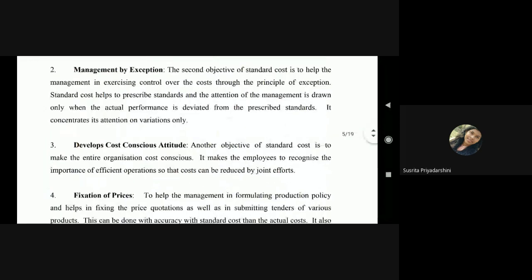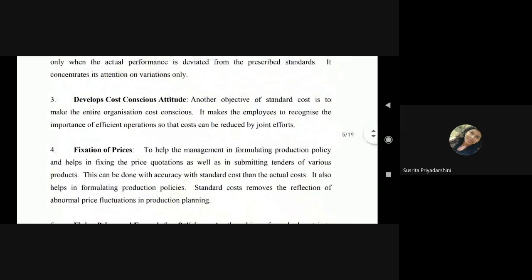Next, develops cost consciousness attitude. Another objective of standard cost is to make the entire organization cost conscious. It makes the employees recognize the importance of efficient operation so that costs can be reduced by joint efforts. Next, fixation of price.